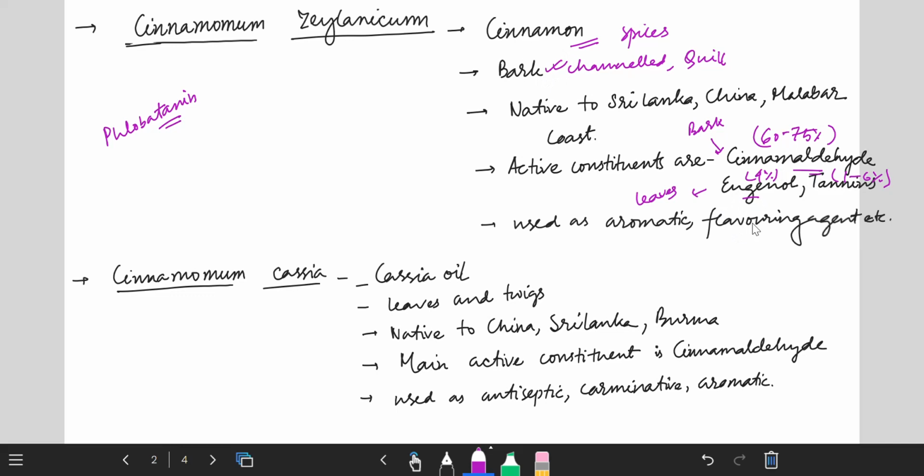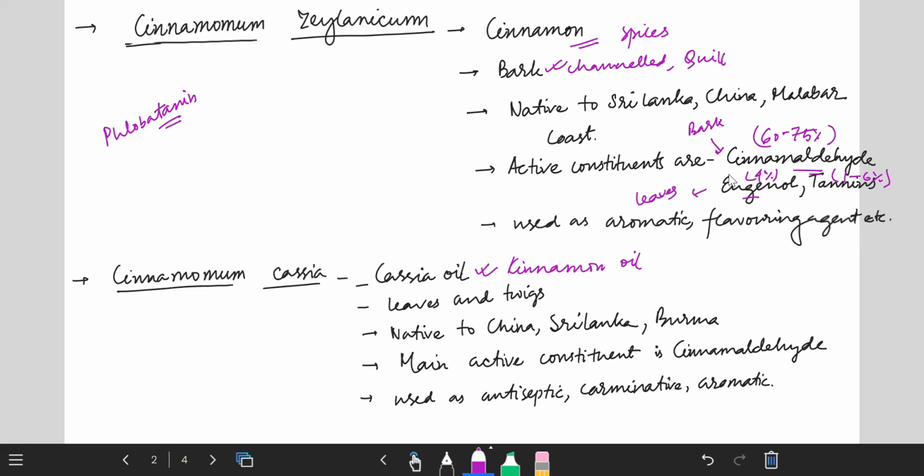Now the next species is Cinnamomum cassia. From this species, cassia oil, also known as cinnamon oil, is obtained. The leaves and twigs contain this cassia oil.